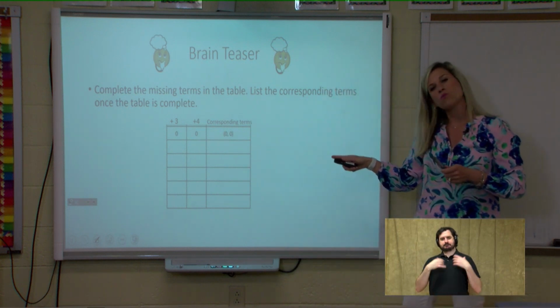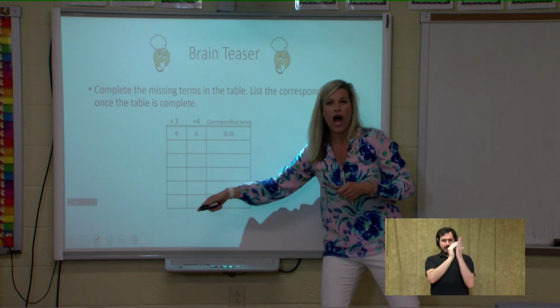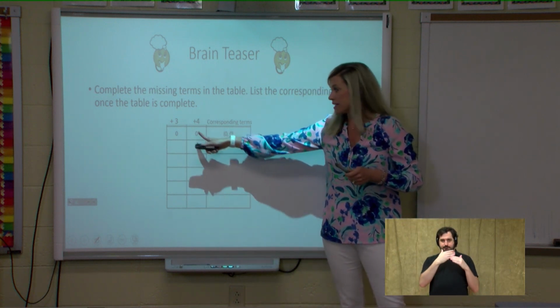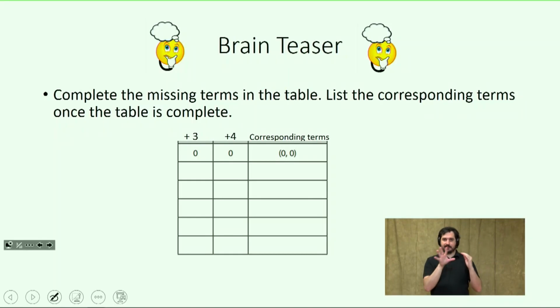Right now, I want you at home to make a list right here of the next terms, by adding 3. We can do the same thing for this column by adding 4 each time. And then I want you to list the corresponding terms. I'm going to give you a few seconds to do that.